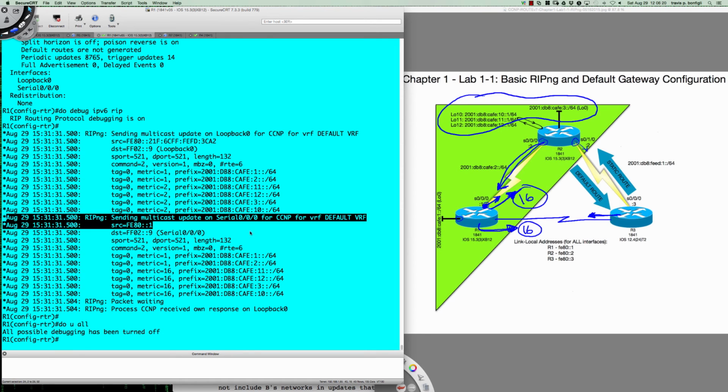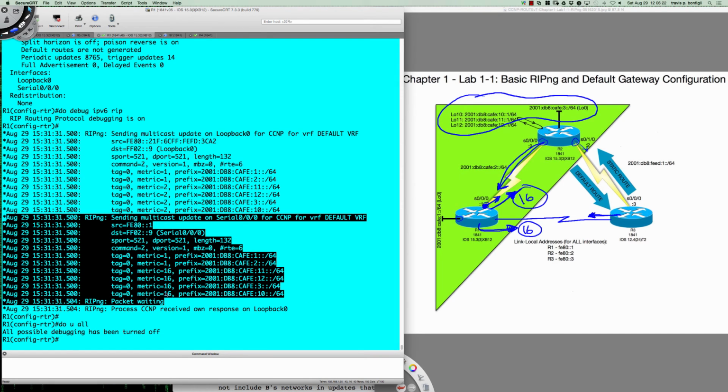We take a look here at our update that's going out to router 2. Did anything change? Nothing changed, right? We still poison the routes because poison reverse takes precedence over Split Horizon. In fact, when you turn poison reverse on, like we just saw here, you can go ahead and turn Split Horizon off, because even if Split Horizon is on, what takes precedence?